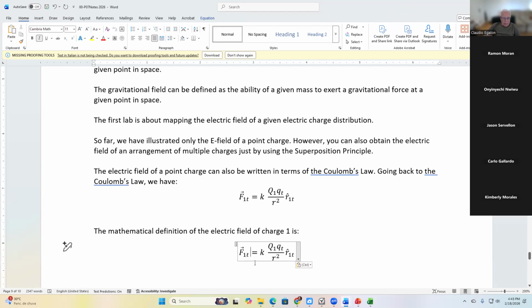It's going to be the force that charge 1 applies at the position of the test charge divided by the test charge itself. That's how we define the electric field, okay? And then E vec. Here you go. See? That's the electric field of charge 1.